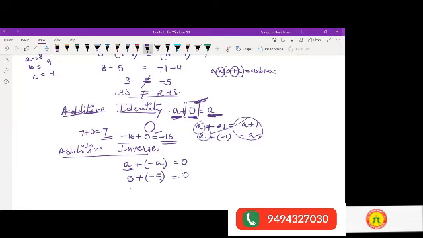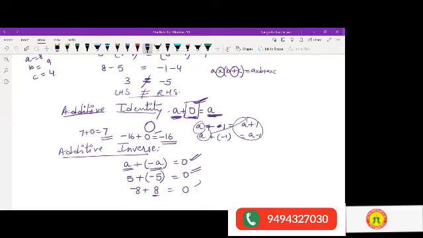Any number that helps me get 0 after adding with some number, that number is the additive inverse.